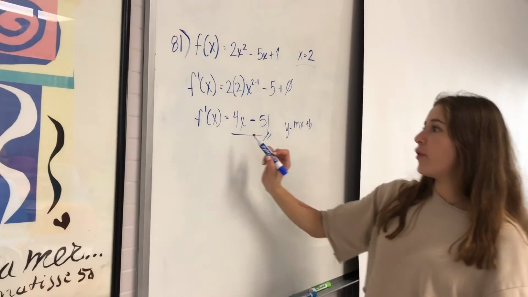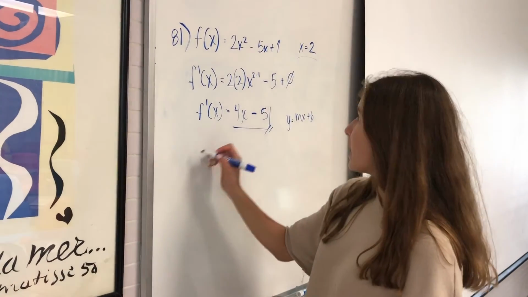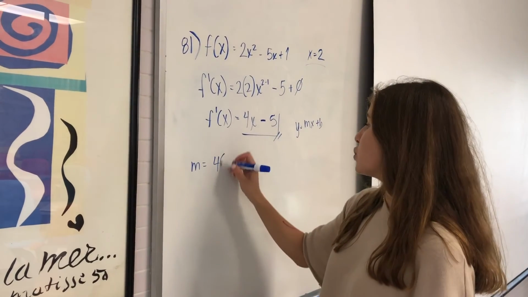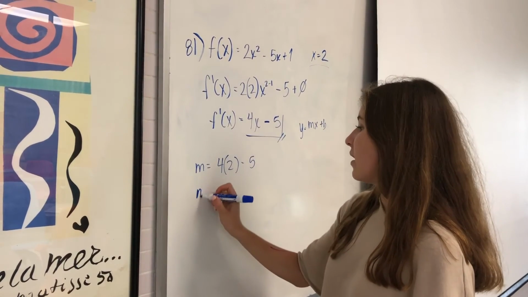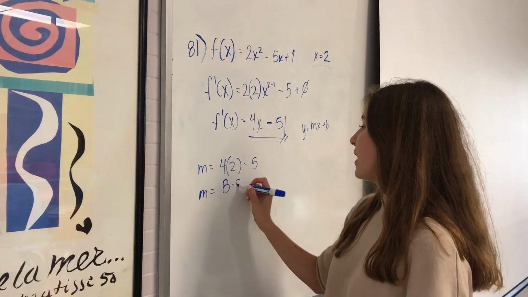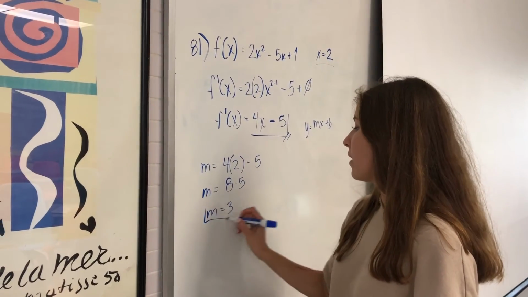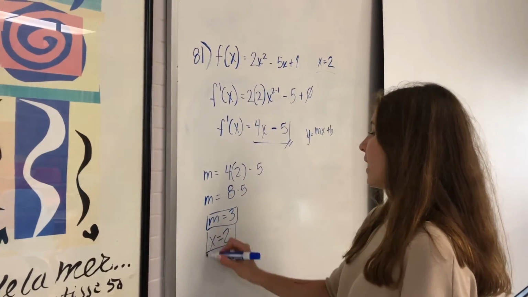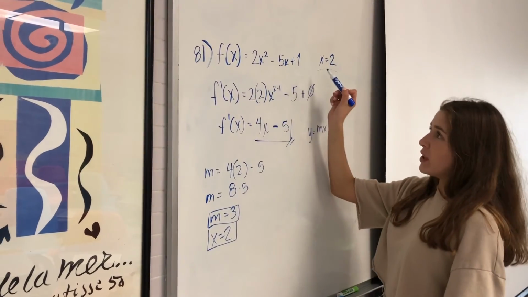For the derivative, we plug in the 2, and m equals 4 times 2 minus 5, m equals 8 minus 5, m equals 3. Then we know that x equals 2, and for y we use the original formula.